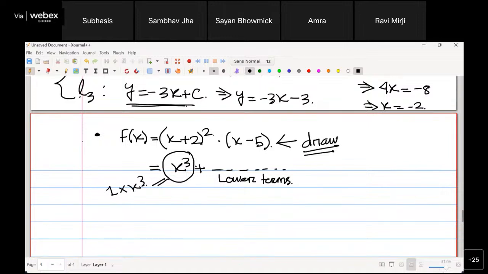So this is what I want to compute. One thing is clear: this polynomial has two roots. One is -2 and another one is 5.